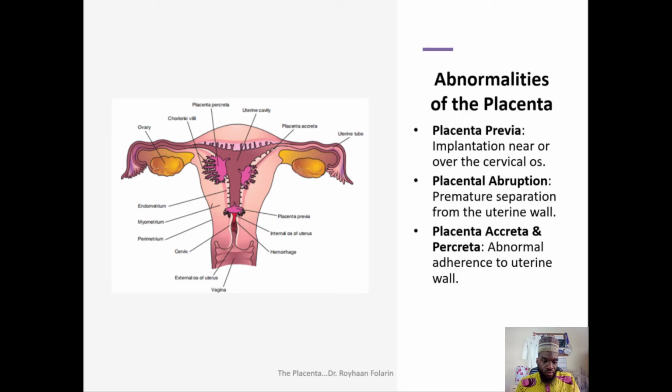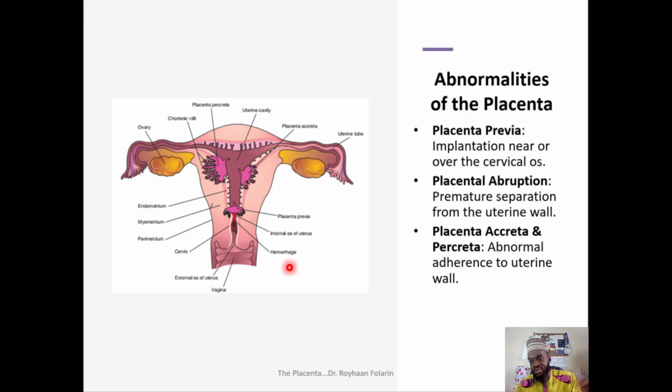In the case of placenta previa, if the placenta is covering the internal os completely, then the baby has to be delivered through a cesarean section.